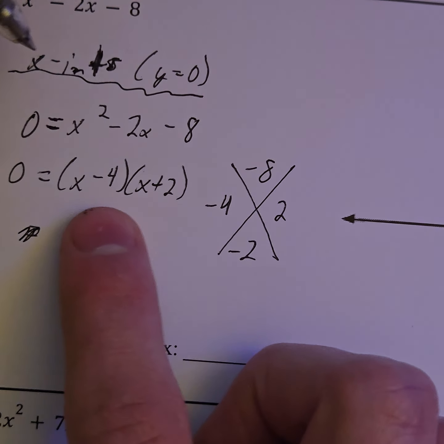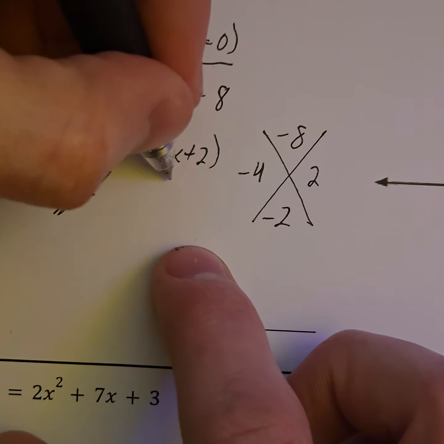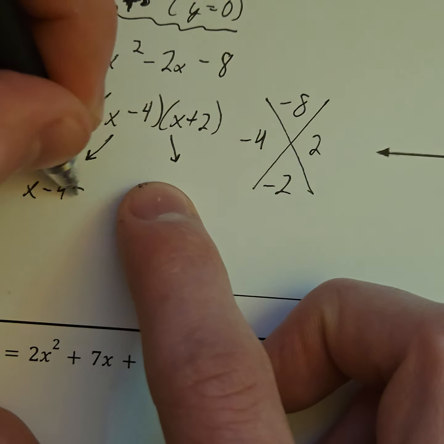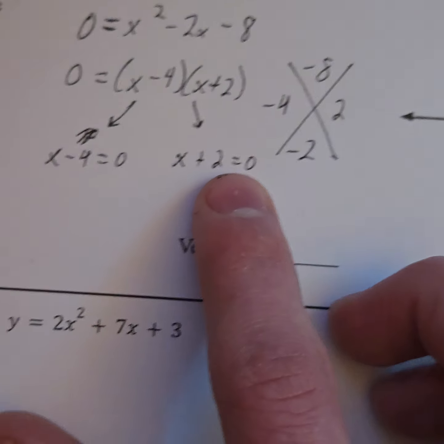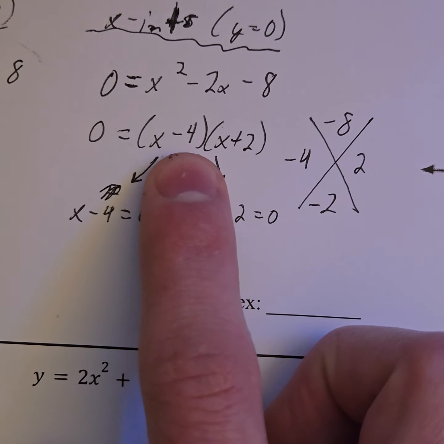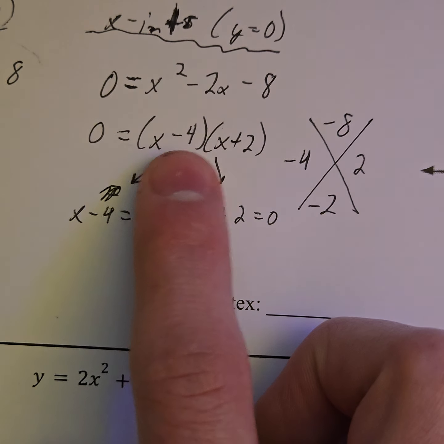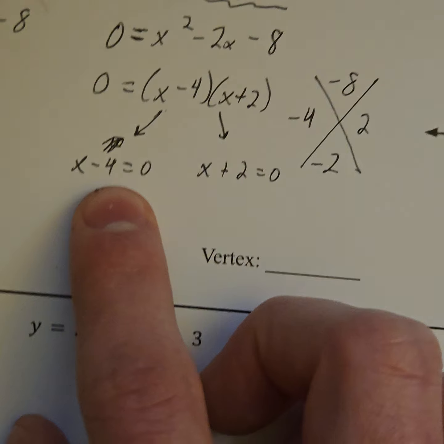All right, so now at this step, this is the zero product property. This is where we need to set both of these equal to 0. So we need to say x minus 4 equals 0 and x plus 2 equals 0. Because again, these are two things that are multiplied together that equal 0. In order for that to be true, one or both of these have to be equal to 0. Okay?